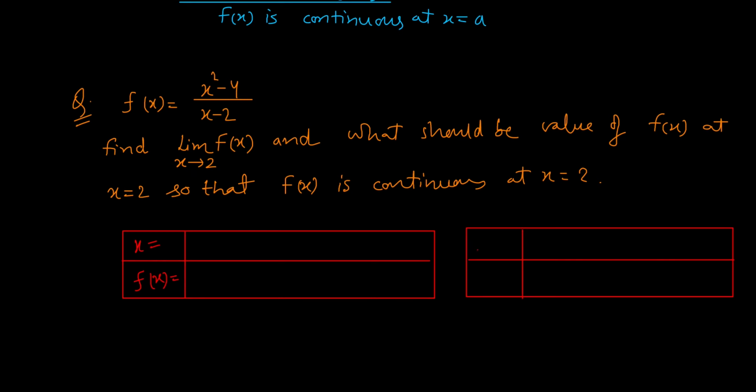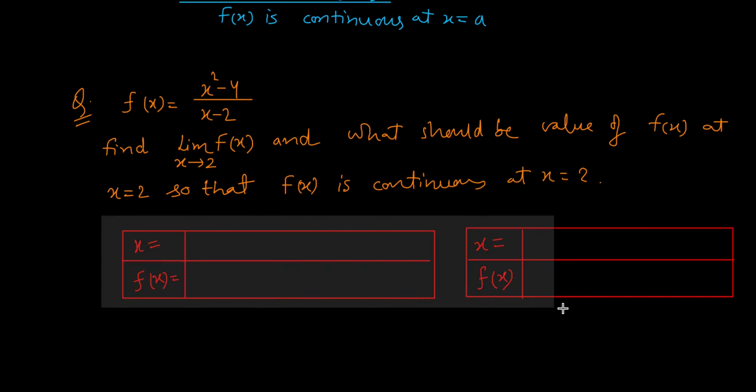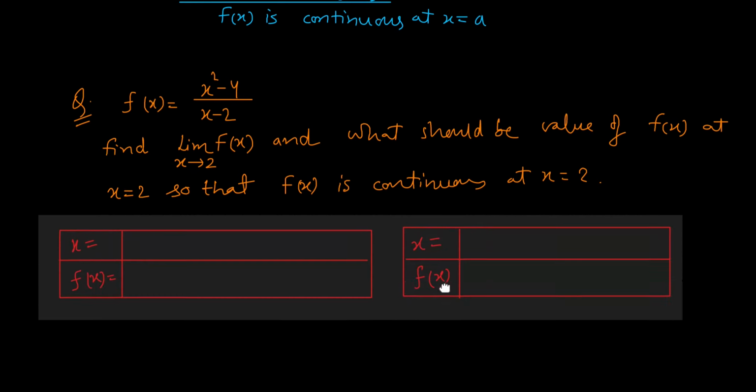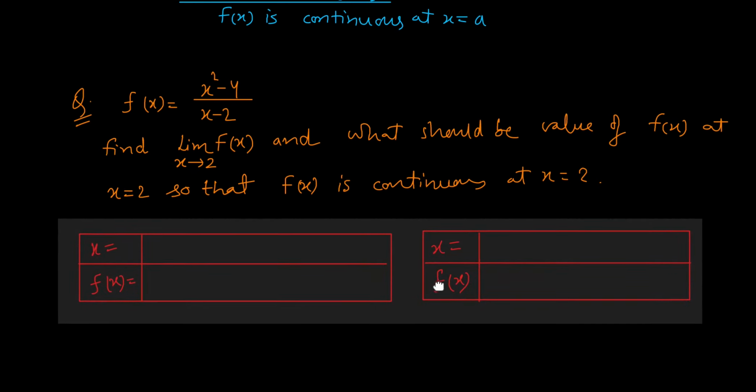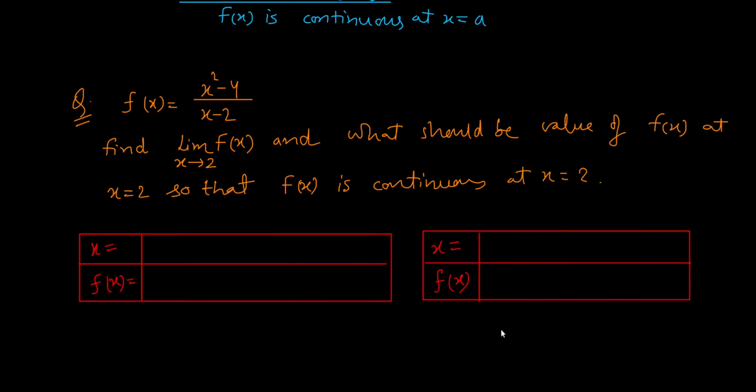Similarly here also x value and f(x) value. Why have we made these two tables? In one table we will approach x equal to 2 from the left hand side, and in the other table we will approach x equal to 2 from the right hand side.